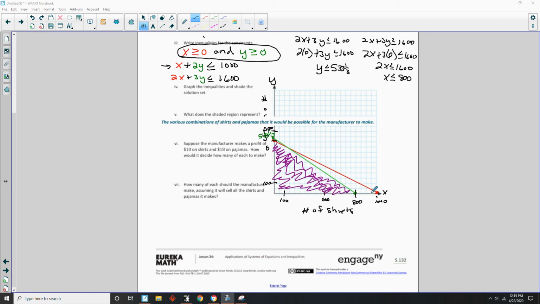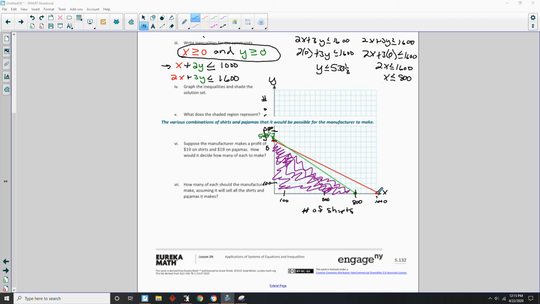Shirts is red, so if the manufacturer made 1,000 shirts at $10 a piece, that'd be $10,000. If they only made 500 shirts, they would only make $5,000. So the maximum would be at either end of the shaded region.